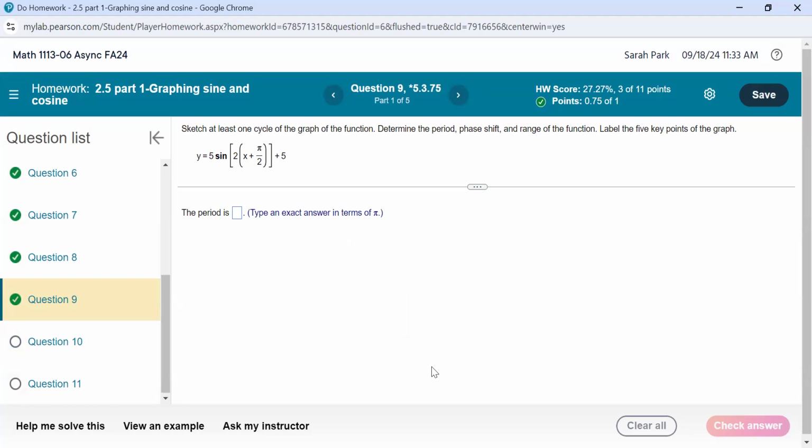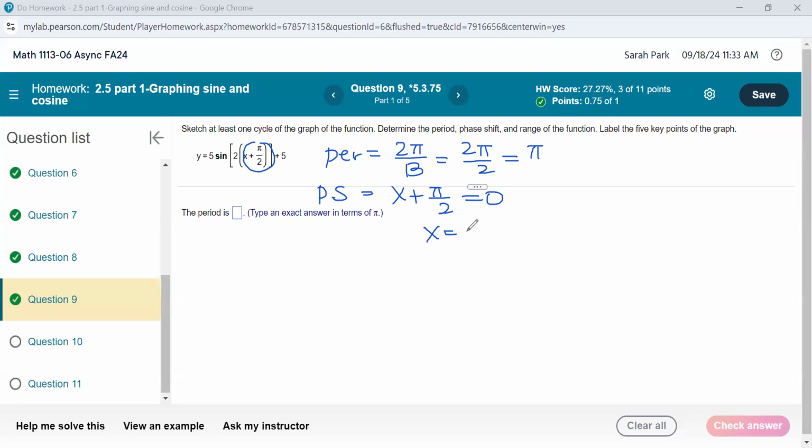We have the period is 2 pi over b, which is 2 pi over 2, which is pi. The phase shift, you take x plus pi over 2, set it equal to 0. So x is equal to negative pi over 2. And then the range: we have the midline at 5, and amplitude tells me that I need to go up to 10 and then go down to 0.